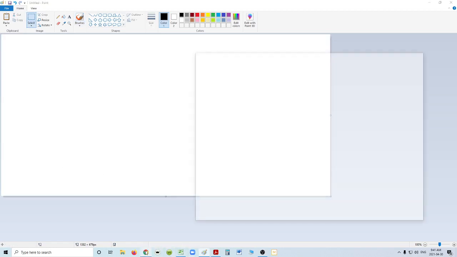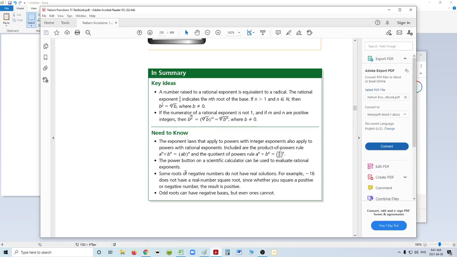The only thing you'll have to remember is the exponent. And it also helps when you remember things like this. So they give this as an example as well.